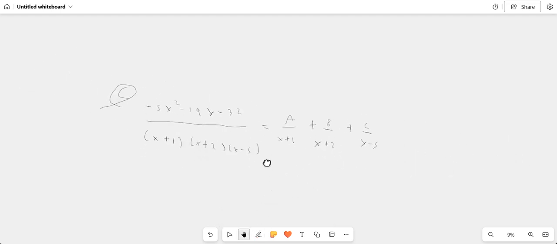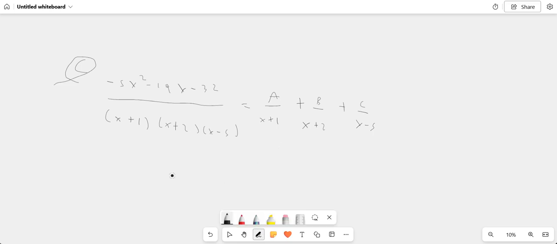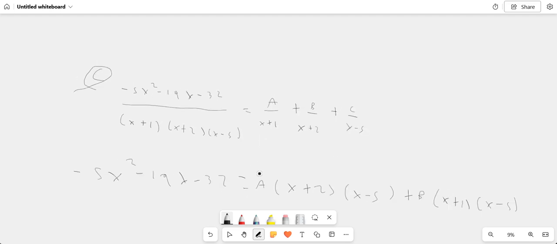And then obviously what you want to do here is combine it. So again, I'm just going to write the top equal to the top. So minus 5x squared minus 19x minus 32 is equal to a open bracket x plus 2, x minus 5 there, and then plus b. From the left hand side, you got x plus 1 being multiplied in. From the right hand side, you got x minus 5 being multiplied in.